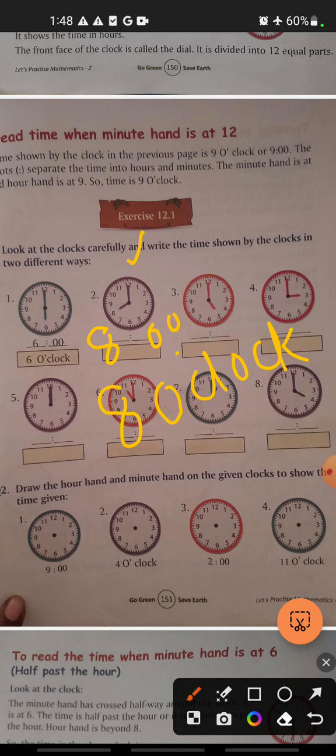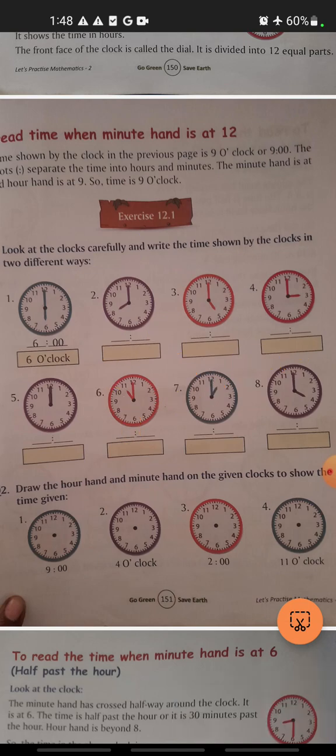In our third clock, the time shows 5 o'clock. How? Look at the clock. Our long hand, means minute hand, is at 12 and our short hand, means hour hand, is at 5.